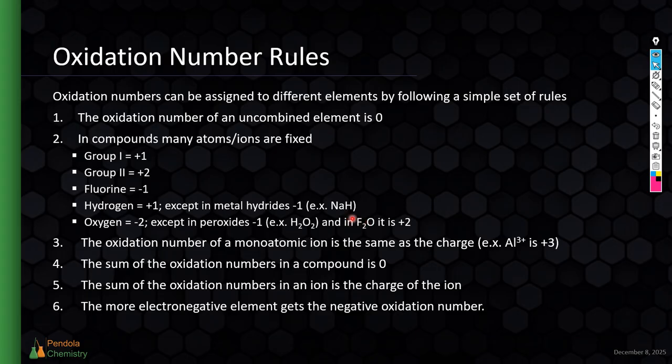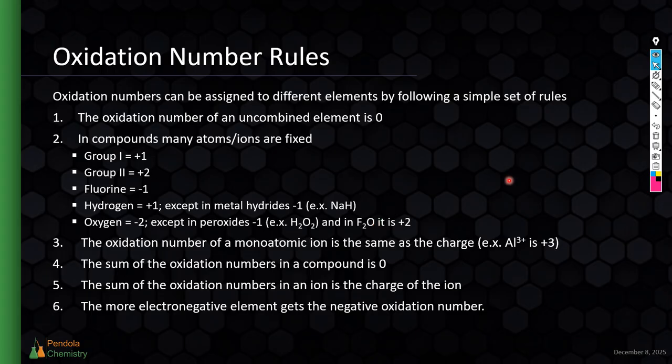Because out of the two, the more electronegative one, fluorine, will have to be negative. So this last rule is not so much a rule that we're going to use, but a rule that explains why the negative oxidation numbers are given to certain elements, like the fluorine in the case of F2O.